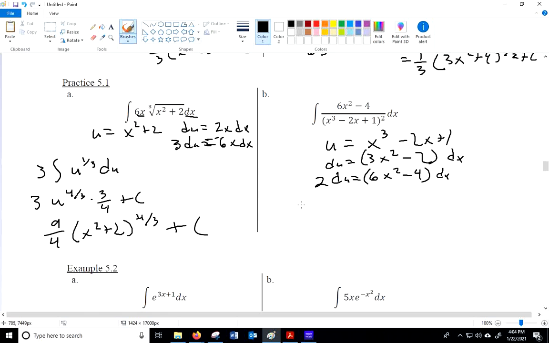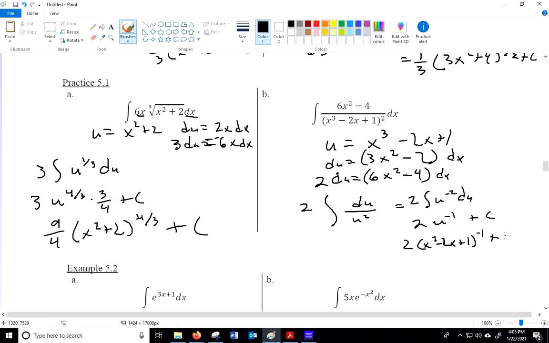Now I can say that 2 du replaces this entire thing on top, so I'll just bring out the 2. Then that's du over u squared. That's 2 times the integral of u to the negative 2 du. So that's 2 u to the negative 1 plus c. Or 2 times x cubed minus 2x plus 1 to the negative 1 power plus c.